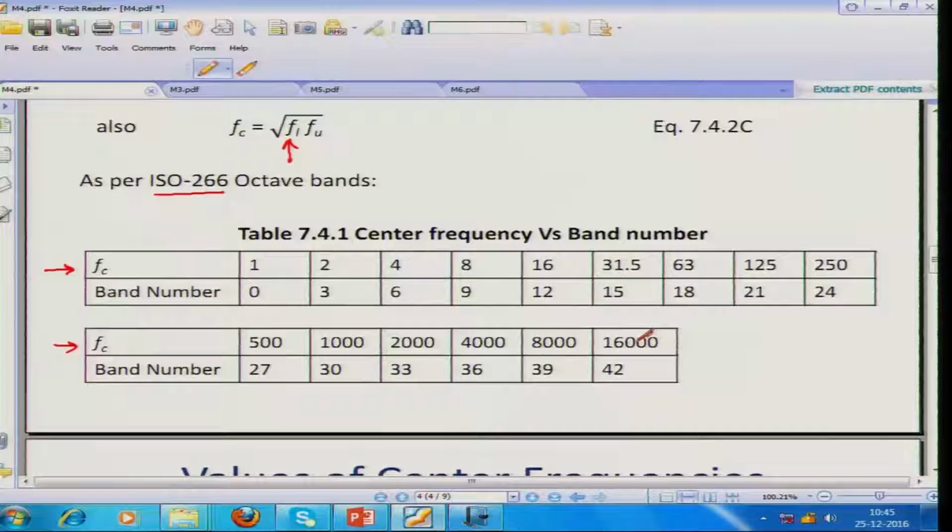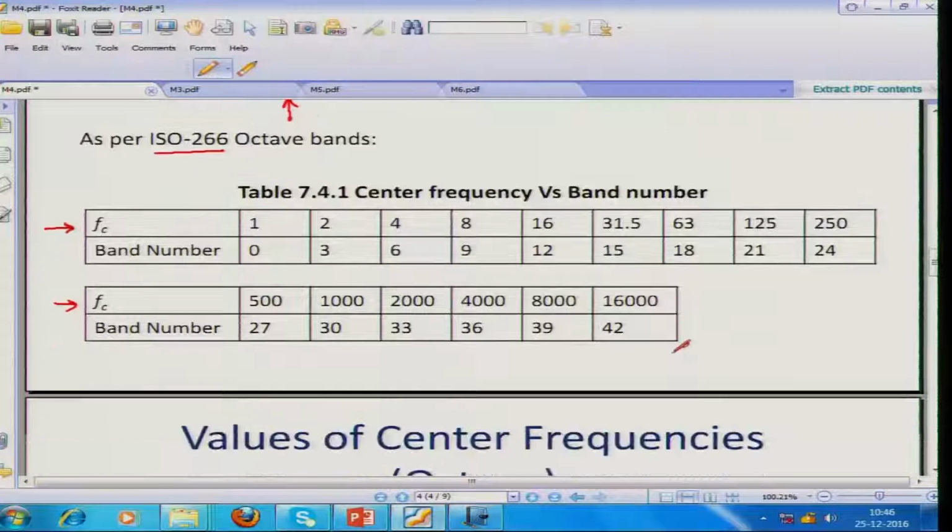In total, there are 15 industry standard octave bands between 1 and 16,000 hertz, and each band is associated with a band number.